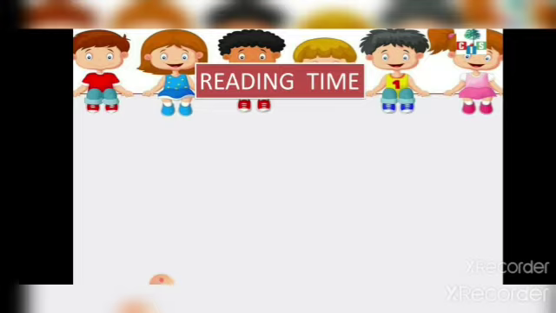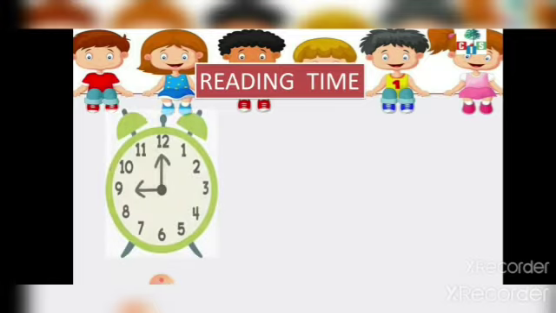Reading time. Now let's read the time. Look at this clock. The small hand, that is the short hand, is the hour hand and it is on 9, right? And the minute hand is on 12.